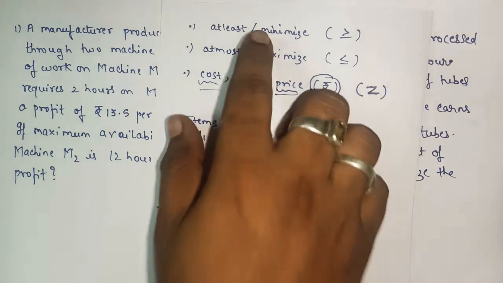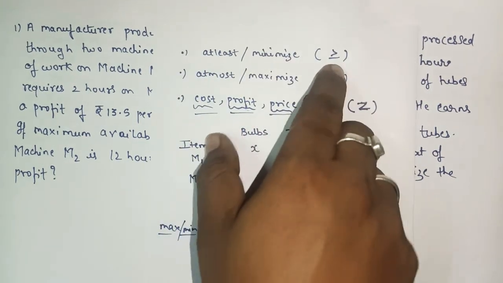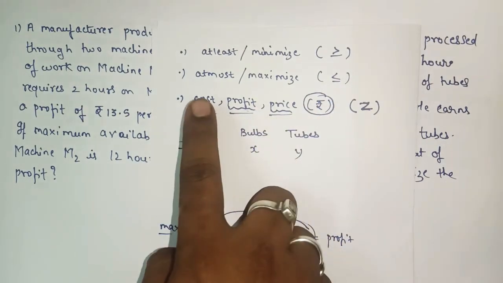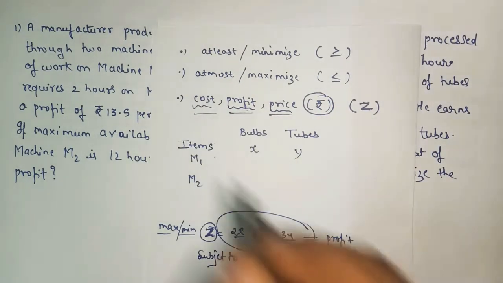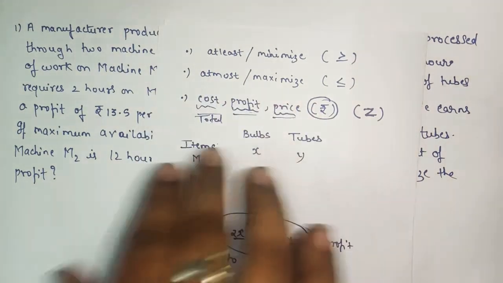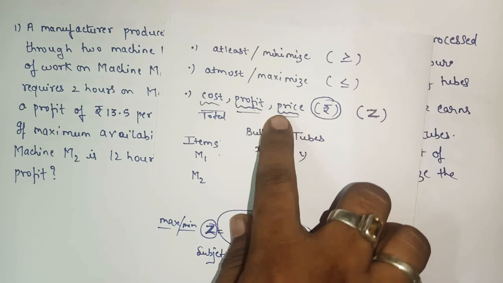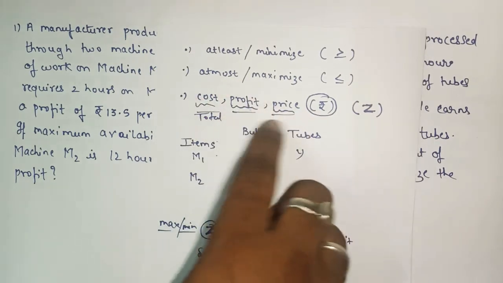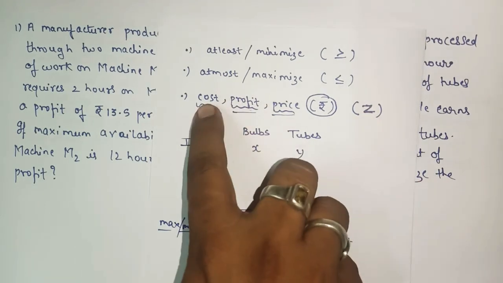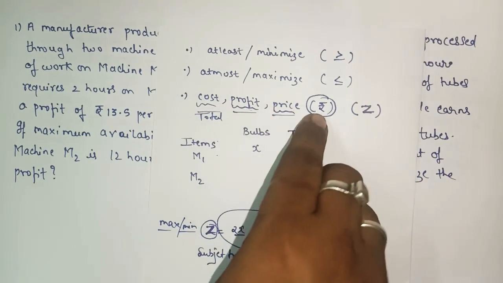So remember, "at least" and "minimize" mean greater than or equal to; "at most" and "maximize" mean less than or equal to. Whenever the words cost, profit, price, total come, remember that this word indicates the value of Z, and the unit for cost, price, profit will be rupees.